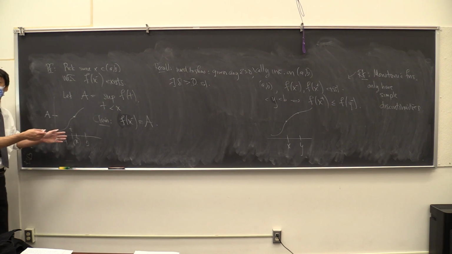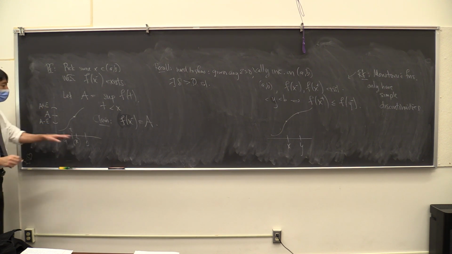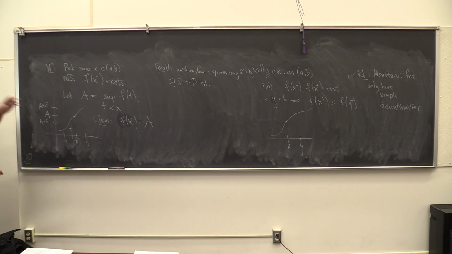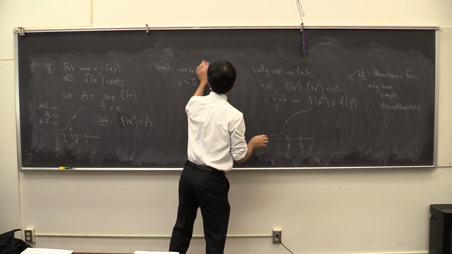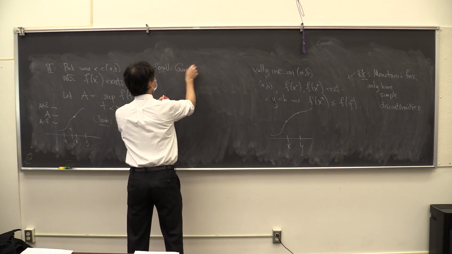So somebody gives us an epsilon. Can we find a delta that works for it? That's what we need to do to show that this is the left limit. Okay, so given an epsilon.